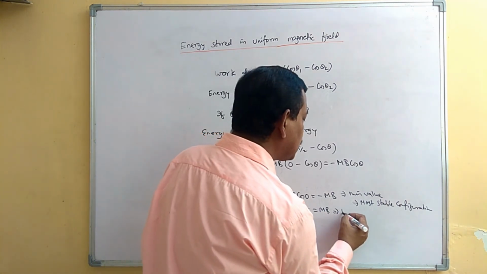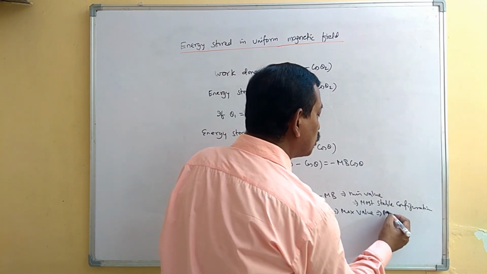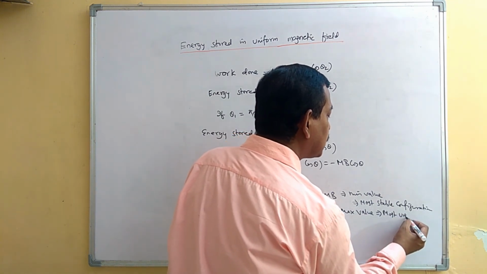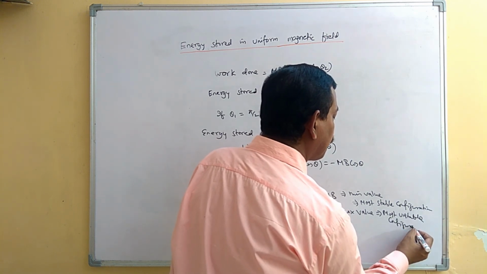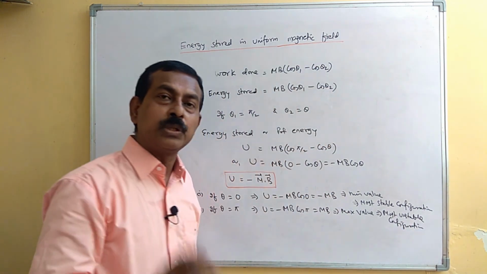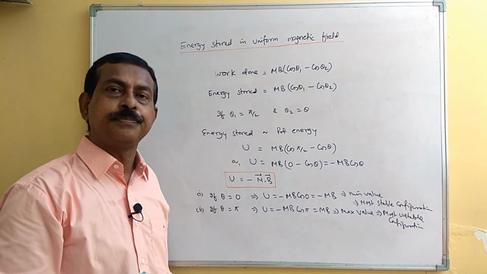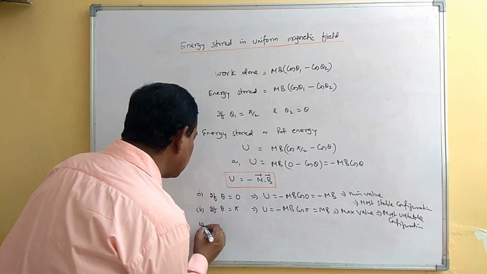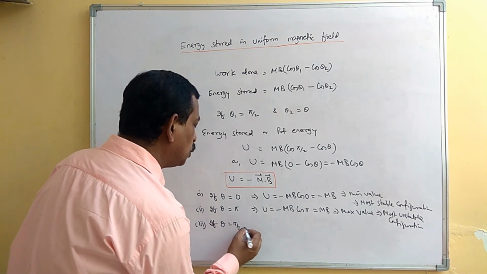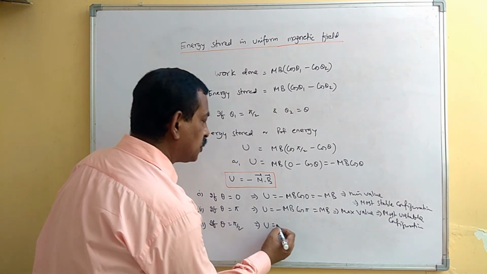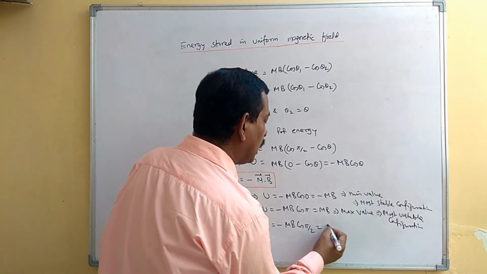This is the maximum value, and hence it corresponds to the most unstable configuration of the magnetic dipole. And in the third case, if theta is pi by 2, then the potential energy will be minus mB cos pi by 2, and that is 0.